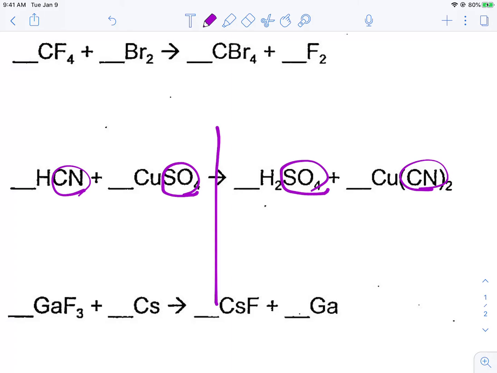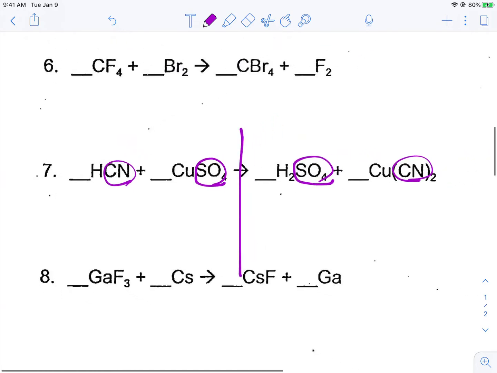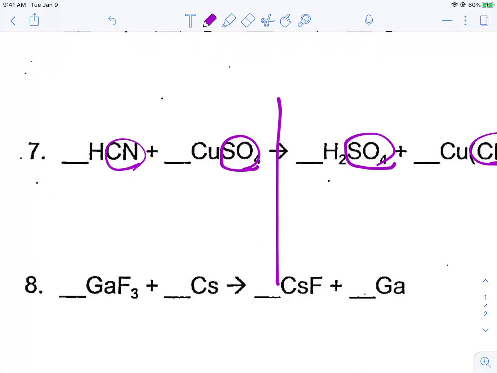So here's the shortcut that I was talking about earlier. And again, if this is about to confuse you, don't worry about trying it. So instead of breaking each element up, if it's together in an ion form, like CN or SO4, you can keep it that way. So instead of totaling your C's or your N's, you just total your CN's and your SO4's and your copper.